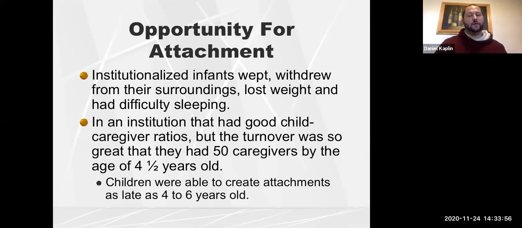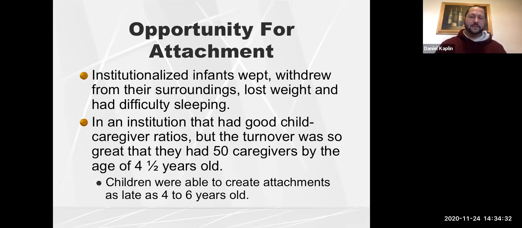So the opportunity for attachment. When we talk about building attachment, the window of time, the sensitive period, is about from birth to about 6. That's when the most optimal time for attachment occurs. And we know this because there have been children who were institutionalized, and we saw that they cried a lot, they withdrew from their surroundings, they had difficulty sleeping, they had weight fluctuations. We talked about failure to thrive, situations like that.